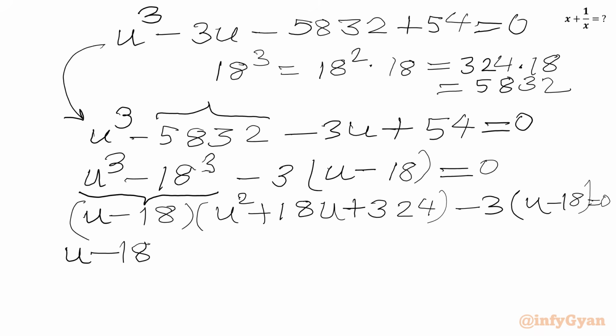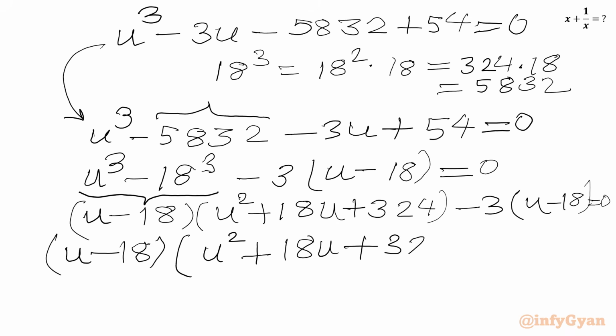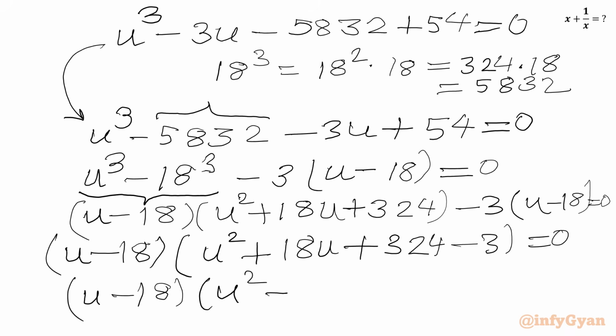We will write u minus 18 times, in the bracket, u square plus 18u plus 324 minus 3 equal to 0. Or we can write u minus 18 times u square plus 18u plus 324 minus 3, 321, equal to 0.